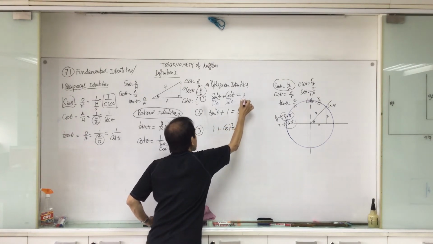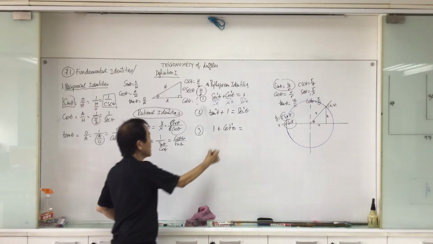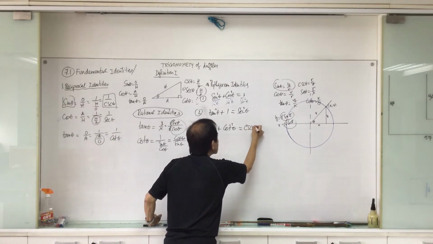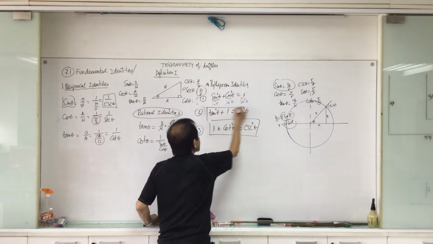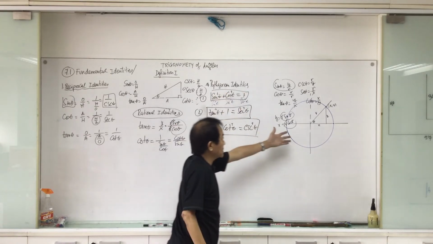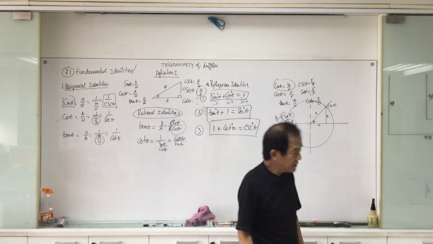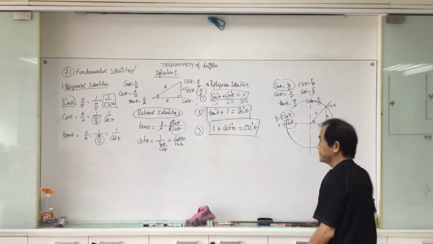Finally, 1 divided by sine squared equals cosecant squared. So we have the 3 Pythagorean identities, based on the first one, which is the unit circle. The formula for the unit circle also comes from the Pythagorean theorem.